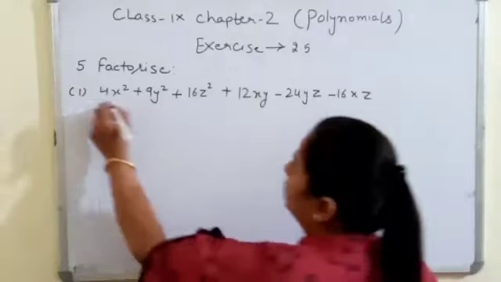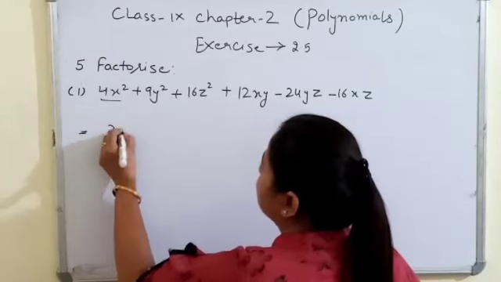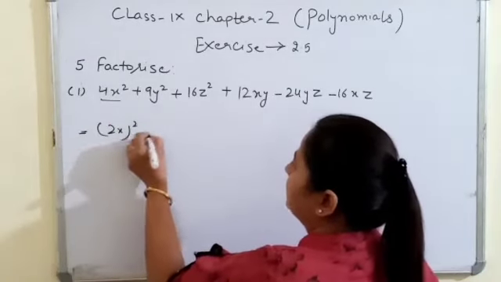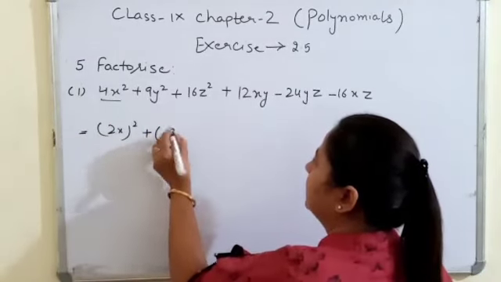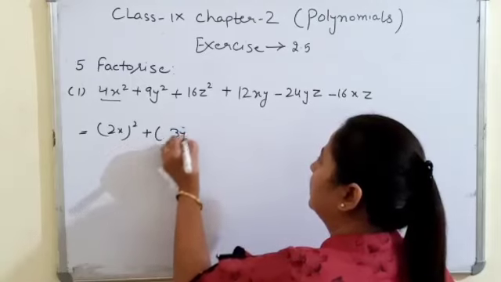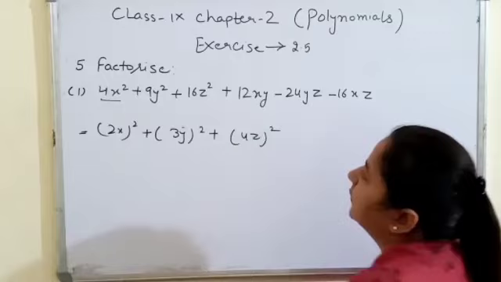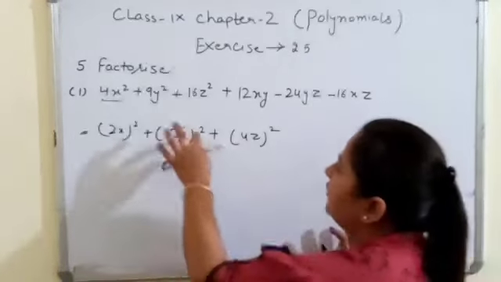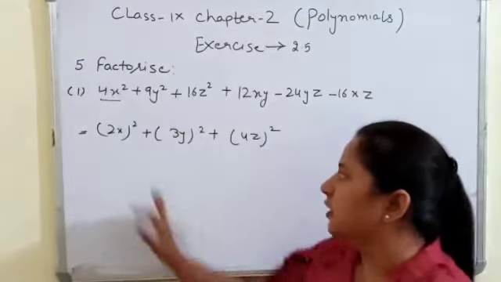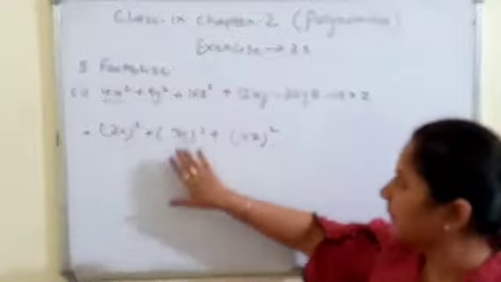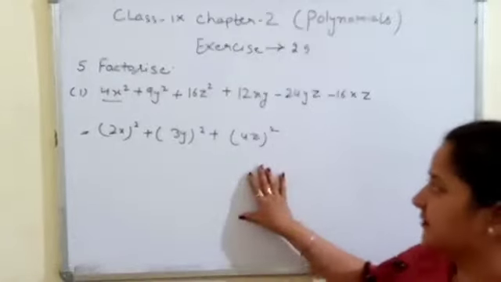Let's see how. 4x square we can write as 2x square, 9y square as 3y square, and 16z square as 4z square. We can make the perfect square of the first three terms: 2x square, 3y square, 4z square.